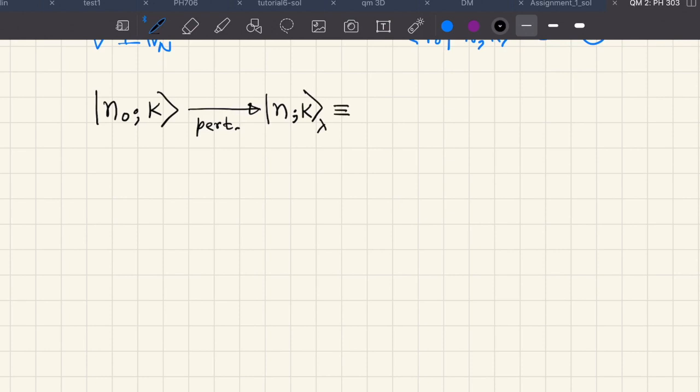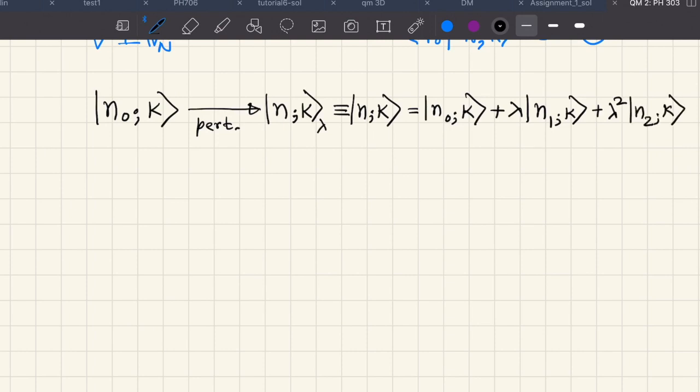So which we will always denote with this notation |n;k⟩, which we write, or expand, as |n⁰,k⟩ plus lambda |n¹,k⟩ plus lambda square |n²,k⟩ plus order lambda cube.